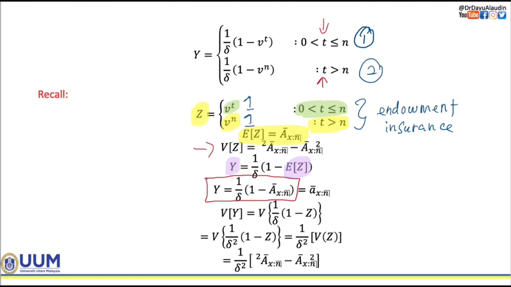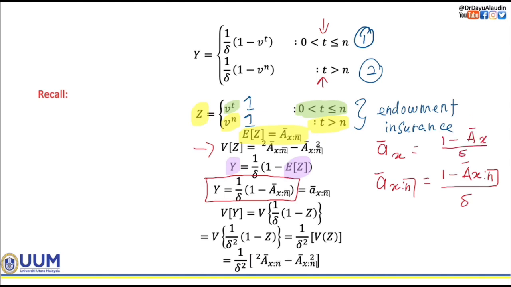The n-year temporary life annuity is equal to 1 minus the endowment insurance for n years, over delta. Same as whole life: the whole life annuity uses whole life insurance.